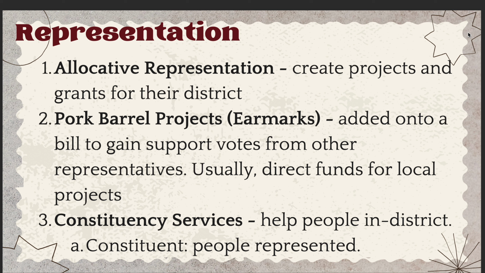And then Marcy Kaptur will sign on to that because, number 1, her district's getting money. It'll make her look good. But number 2, then she'll vote for that bill. Maybe otherwise she wouldn't have. So number 2 is used to guarantee votes from other representatives, where number 1 is done for and by the representative of that district. And then number 3 is constituency services.